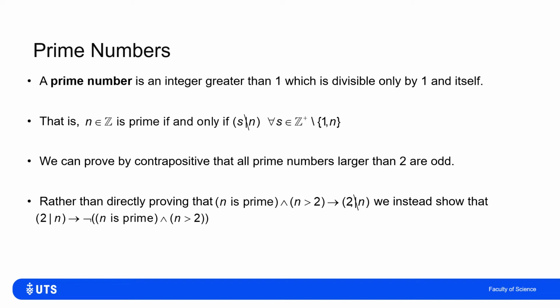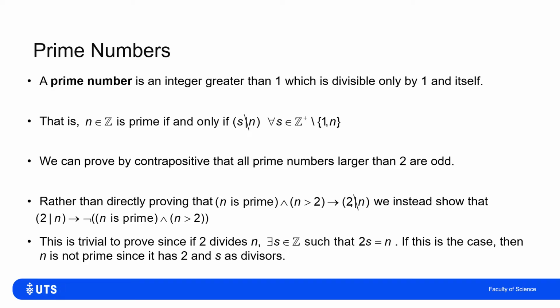So the negation of 2 does not divide n is 2 divides n, and the negation of n is prime and n is greater than 2 is simply not n is prime or not n is greater than 2. So now that's fairly easy to prove, since the left-hand side tells me that 2 divides n. So 2 divides n tells me that there's another integer s such that 2s equals n. So n is divisible by 2 and s, so I know that it's not prime.